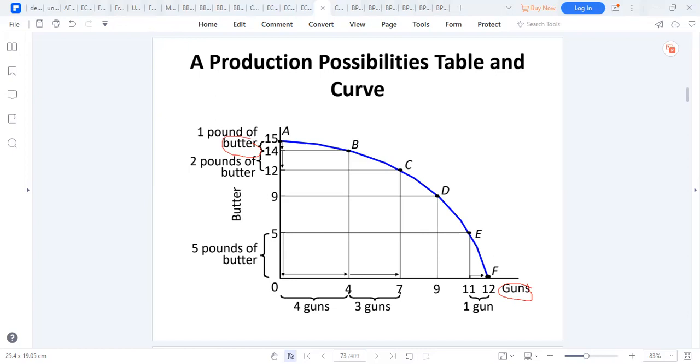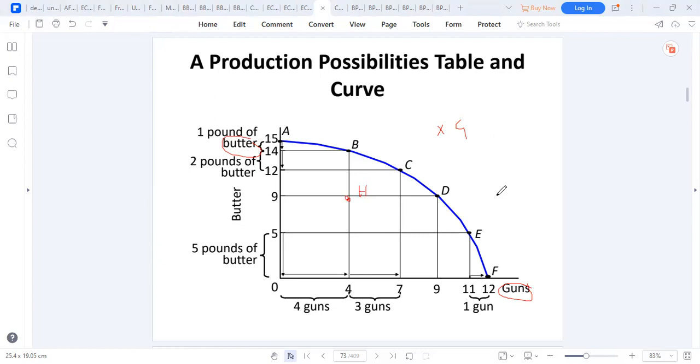The PPF also denotes economic growth. What you can see here are the points A, B, C, and D, and then point G and point H, which have their own implications in the economy.